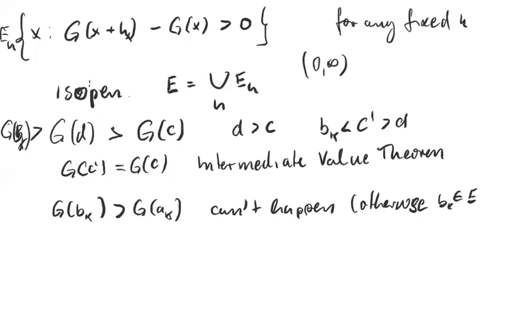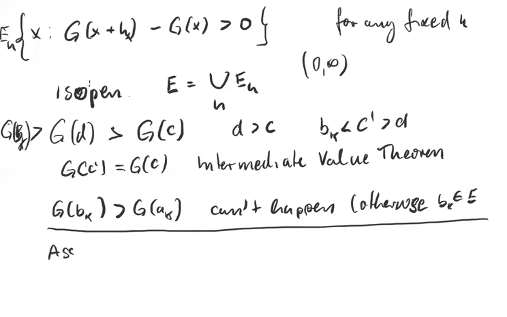And the second argument, they start by assuming G of b_k is less than G of a_k, right? And then they get a contradiction.